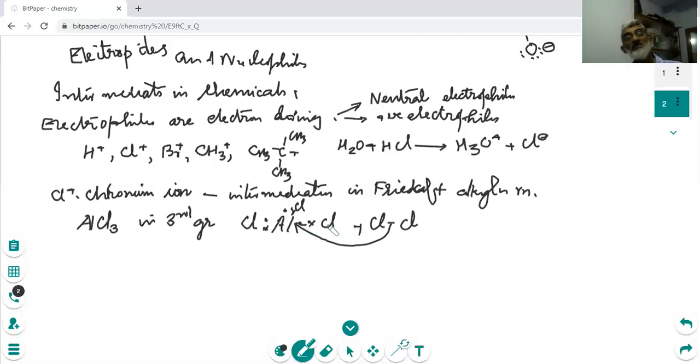The Cl with this pair of electrons is attached to the aluminum.